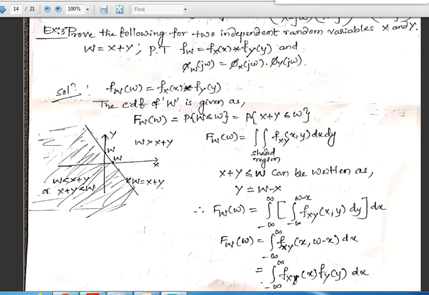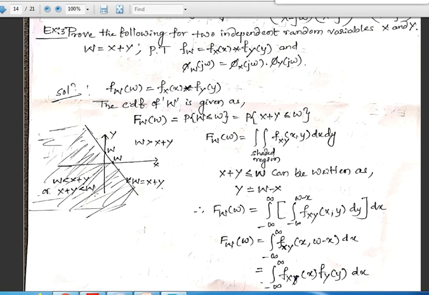We need to prove f_W of w, so for that, let's consider the solution. The CDF of w is given by capital F of w, which is the probability of W less than or equal to w. Here W is nothing but x plus y, less than or equal to w.